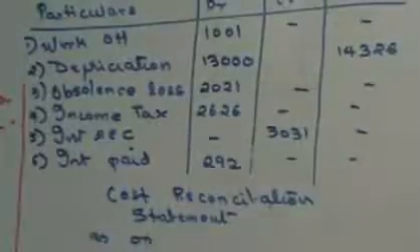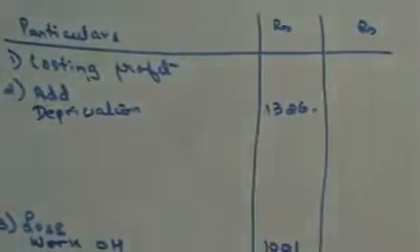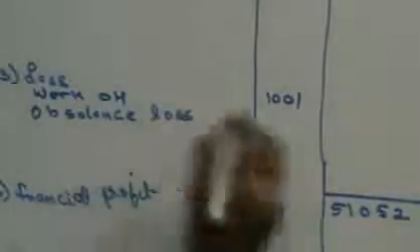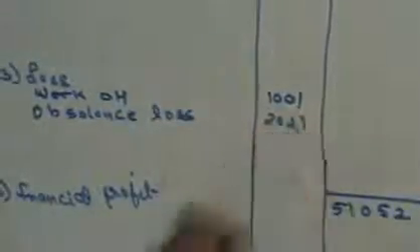Depreciation is more in cost sheet. More is more. So depreciation will go in the more column. 1,326. Obsolescence loss is less in cost sheet, so it will come in less column. 2,021.